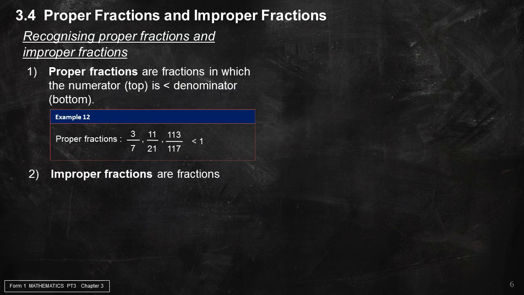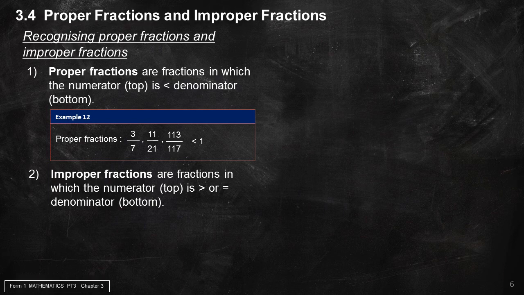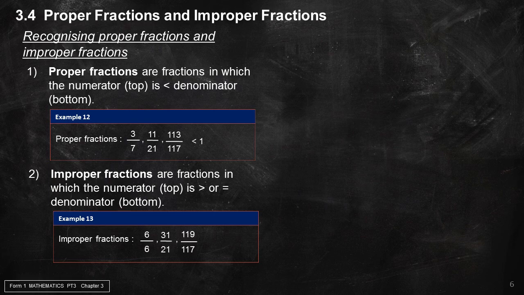Improper fractions are fractions in which the numerator, top, is bigger than or equal to the denominator, bottom. Example 13. Some of the improper fractions are 6 over 6, 31 over 21, 119 over 117, etc. All improper fractions are bigger than or equal to 1.